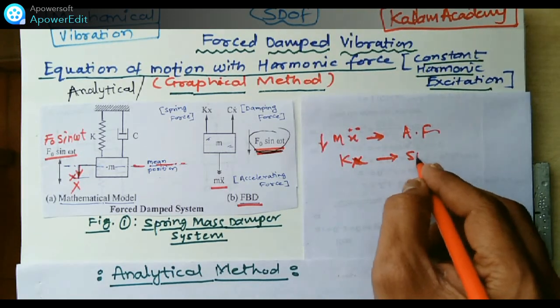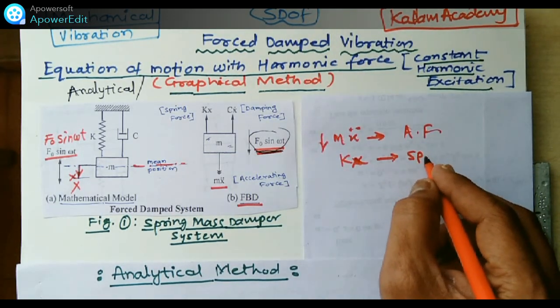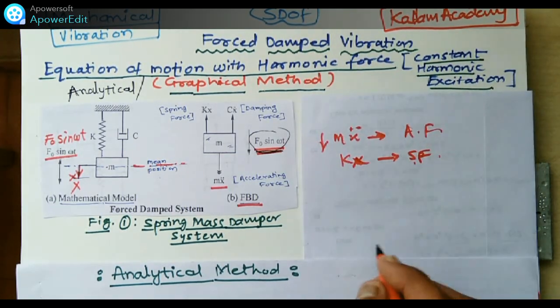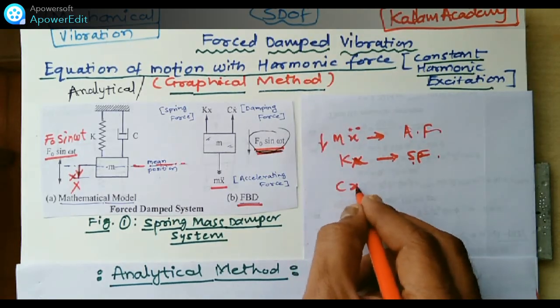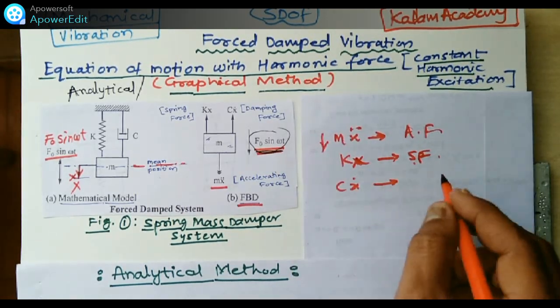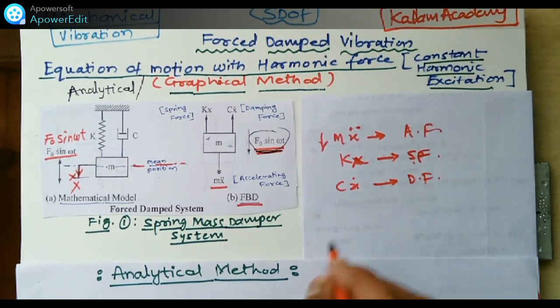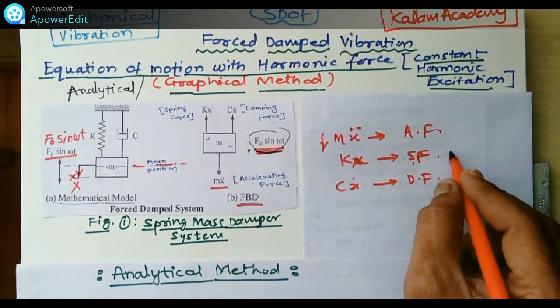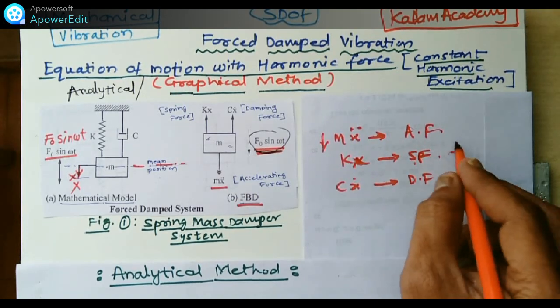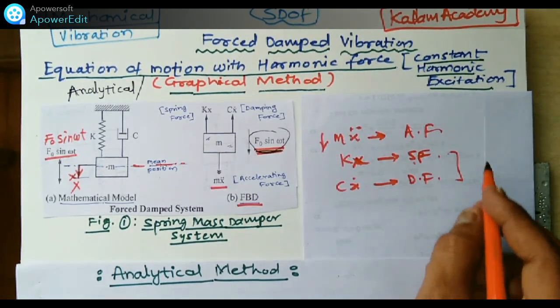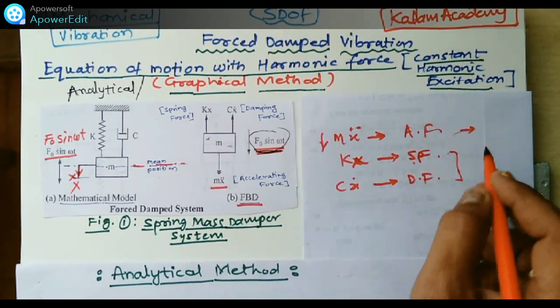This kx is the spring force due to the spring, and the cx dot is nothing but the damping force. These are the external forces. Already we have studied this in damped vibration.